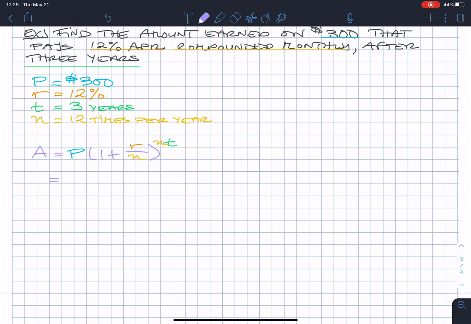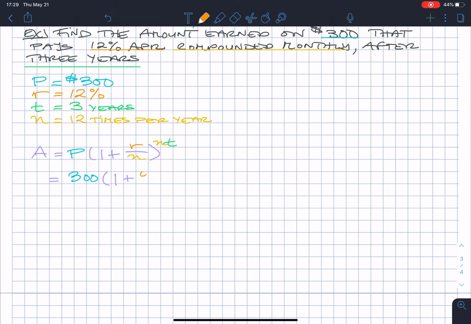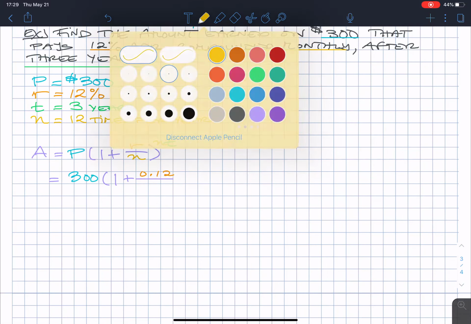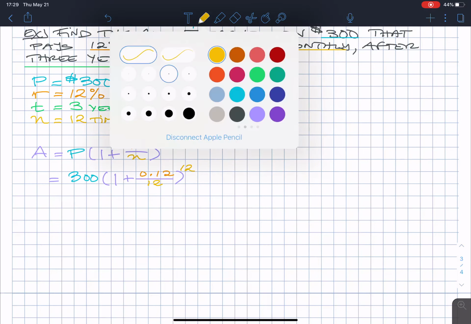We have the amount will be 300 on the outside times the quantity 1 plus the rate, 12% is 0.12 as a decimal, divided by n. n is, of course, 12, and that's going to be raised to the 12 times 3.